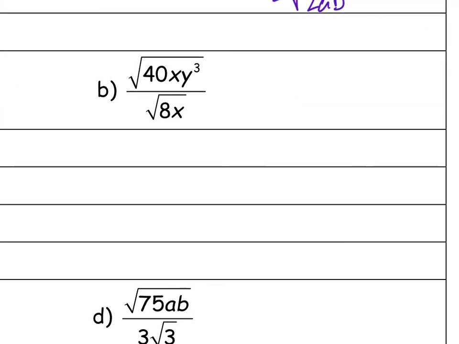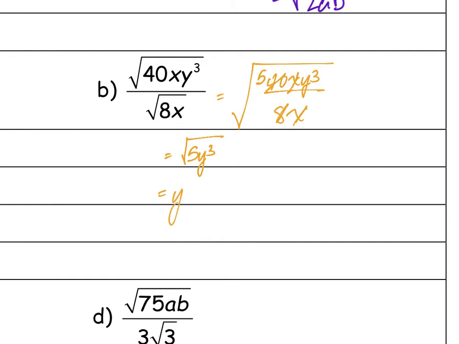And then this one becomes the square root of 40xy cubed over 8x. So the x's go away, 8 goes into 40 5 times. So this becomes the square root of 5y cubed, or y square root of 5y.